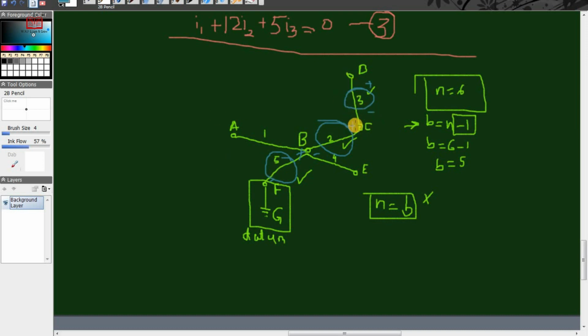But if we want to calculate the voltage of node C, we don't need to add the voltage source of branch 3. We only need 5 and 2. We don't need this one.